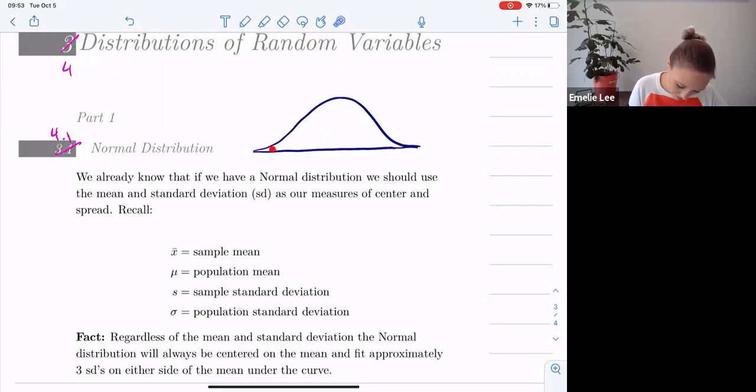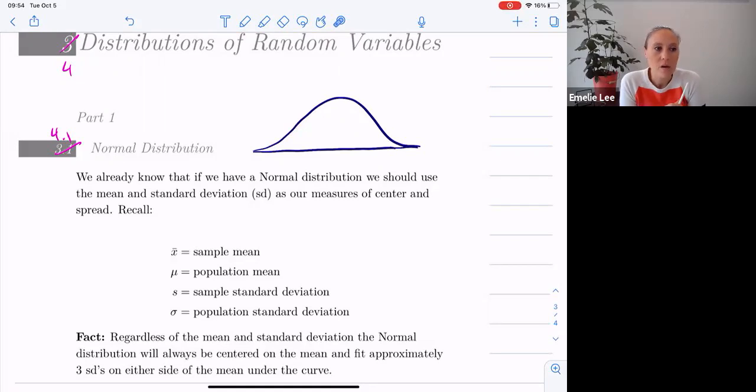That wasn't a very pretty one, was it? But that's okay. So we already know that if we see this shape, this normal distribution, then the best measures of center and spread are going to be the mean and the standard deviation.